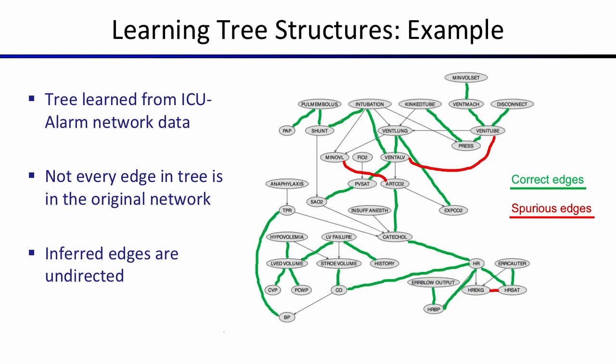Of course, because we are creating a tree structure and the original ICU network is not a tree, it's a graph, there will be quite a few edges that are in the original network but are not in our network, because the tree structure has a minimum number of edges, right? If we remove one edge, we're going to disconnect this structure and transform the tree into a forest.